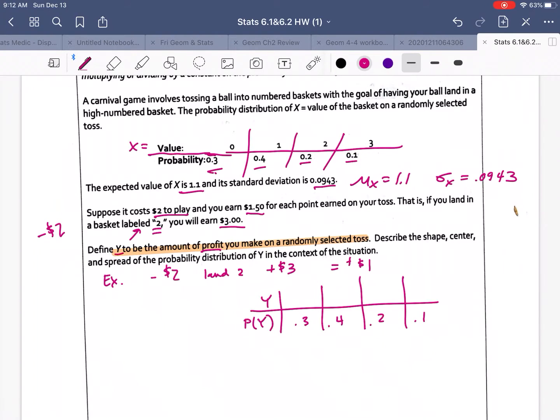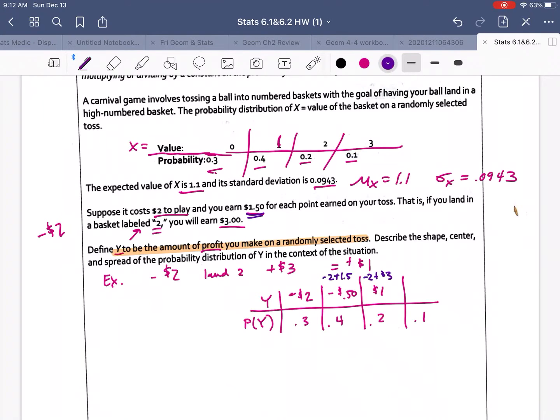Okay, so we figured out for when the value was 2 that we made $1, right? How did we get $1? We paid $2 and we earned $3 because it's $1.50 per point. So obviously, if we have 0, we lose $2. If we land on 1, we lose $2, but we make $1.50, so we're really just down 50 cents.